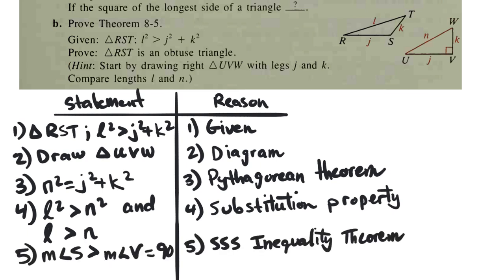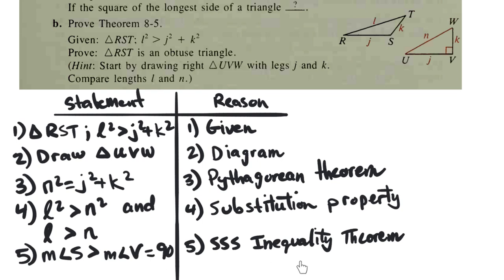So that sets us up for the next step here. The measure of angle S is bigger than the measure of angle V, and V is exactly 90. We do know that. And what can we state?